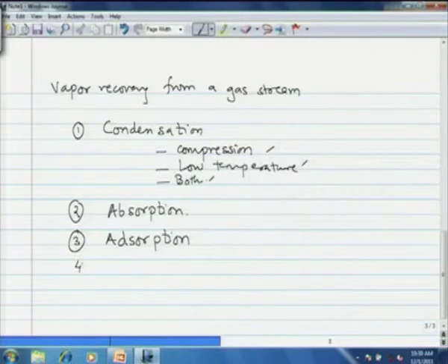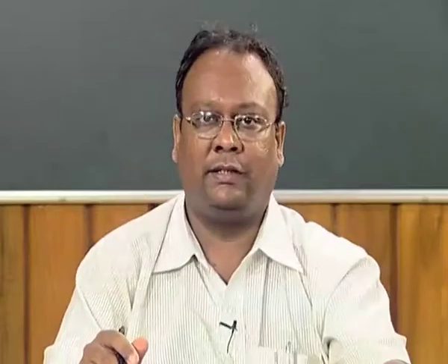The fourth option will be that of membrane separation, in which acetone will dissolve on one side and will diffuse to the other side, and it can be recovered on the permeate side. That is the solution diffusion mechanism, as it is popularly known. So, membrane separation is an option.